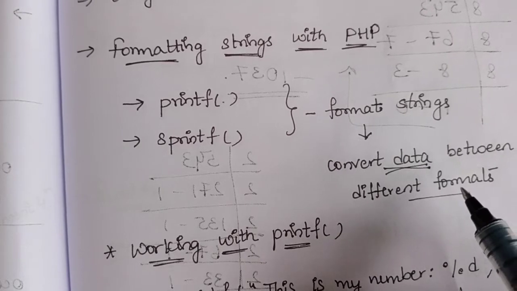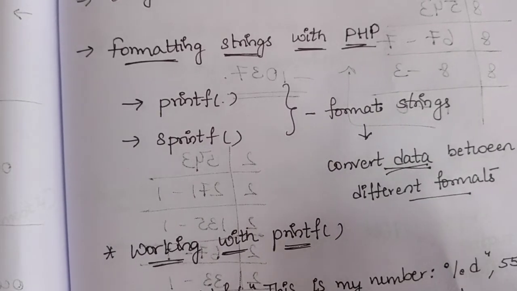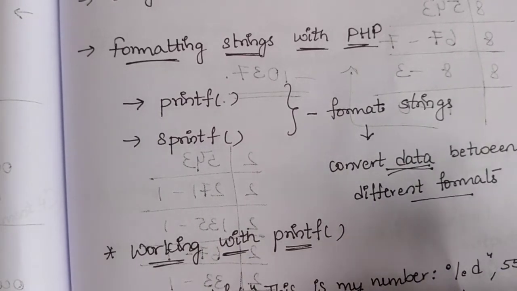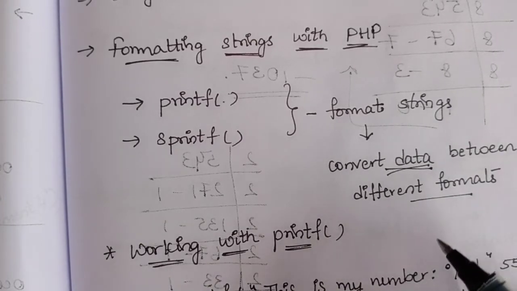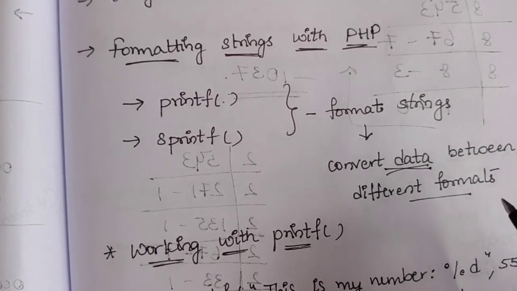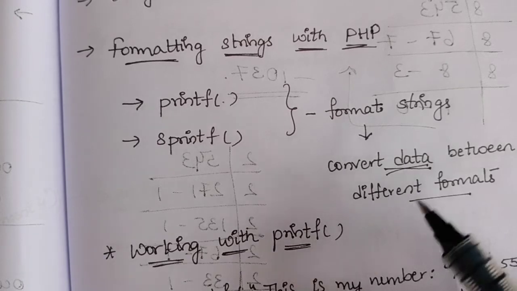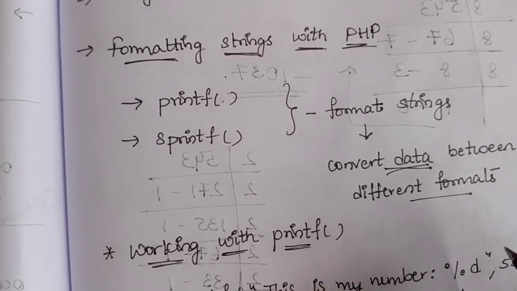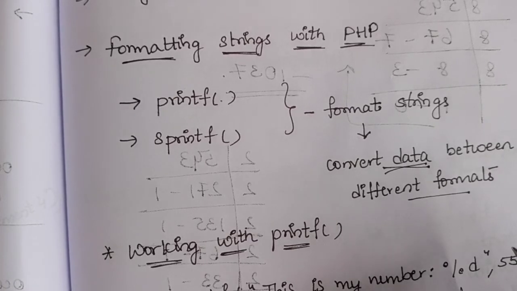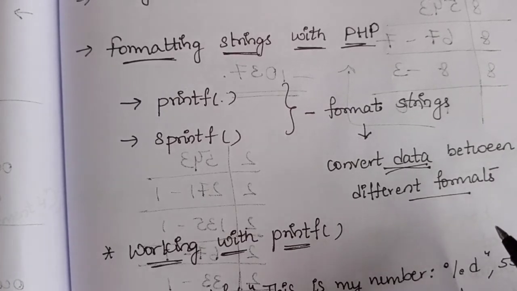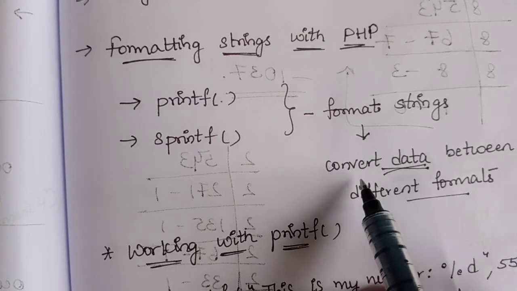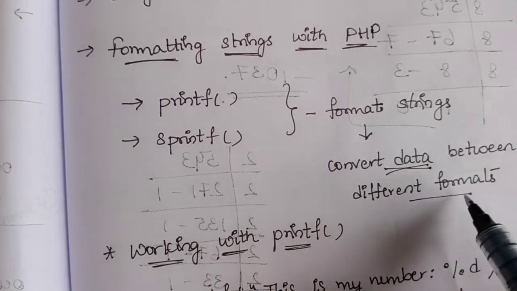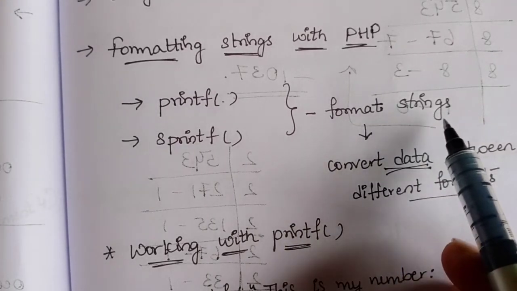We can convert decimal to octal, decimal to binary, decimal to floating point, then decimal to hexadecimal. Similarly, we can convert octal to decimal. We studied conversion in the number system between different types of data. If we want to convert data between different formats, we call it formatting a string.